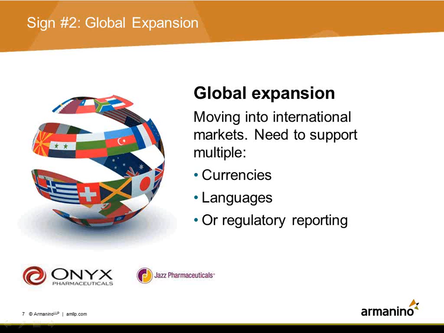Yeah, and a couple of companies that we helped migrate from Dynamics GP to AX, Onyx Pharmaceuticals and Jazz Pharmaceuticals, both organizations expanded globally. One of the ones that I was going to focus on was Onyx. As they continued to grow, they had additional complexities around FDA validation and compliance.